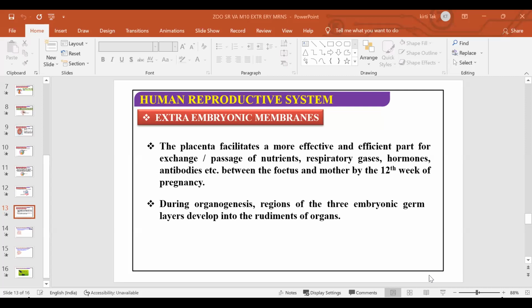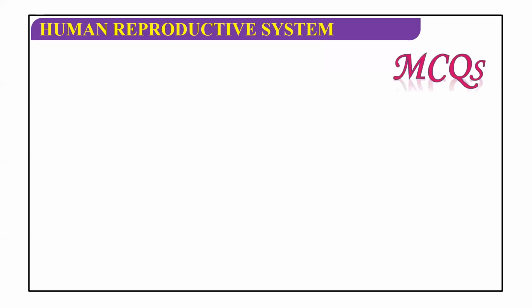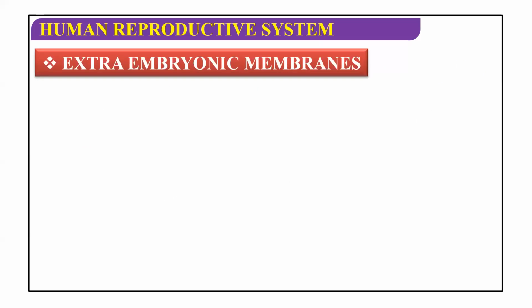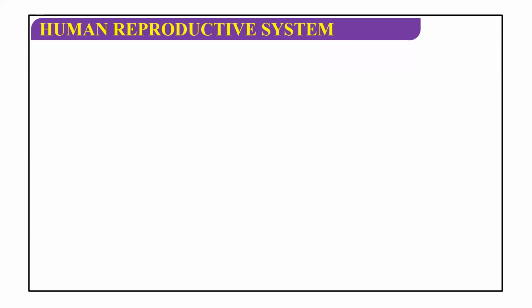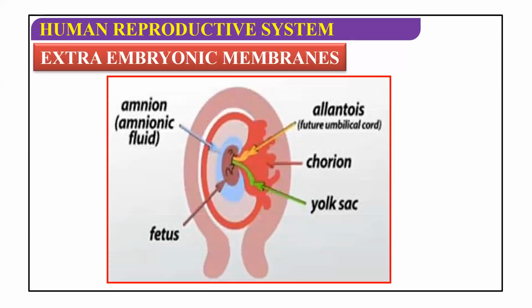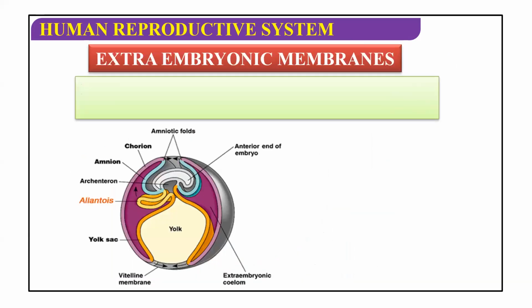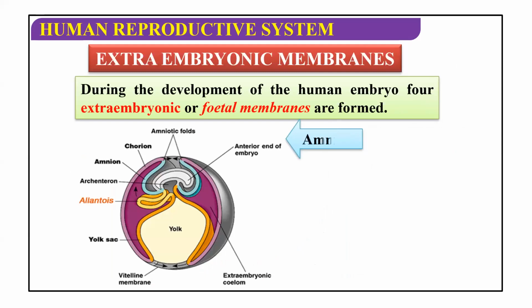Parturition, lactation, development, stages in parturition. So all these are the extraembryonic membranes: allantois, chorion, yolk sac and amnion. Clear? जो मैंने अपनी तरह से diagrammatic explain किया.